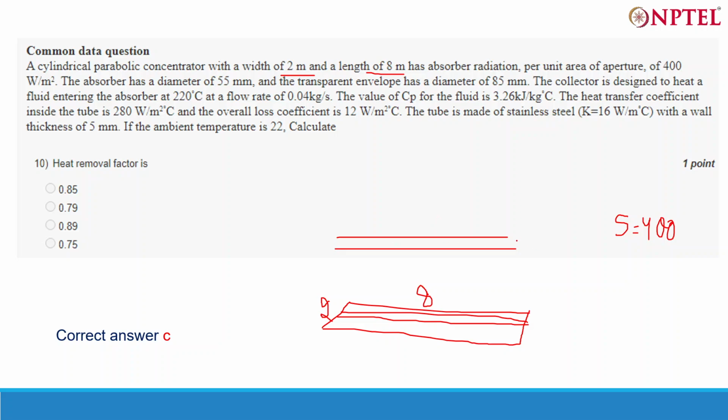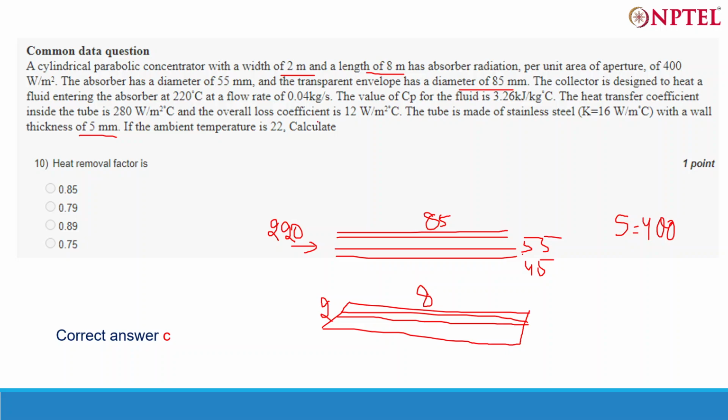It has an outer diameter of 55 mm and a thickness of 5 mm, so the inner diameter is 45 mm, with 2 into t subtracted. And a transparent envelope is also there, so this is making it a big question. So 85 mm. This will consume some heat transfer, which has to be taken into account. The collector is designed to heat a fluid entering the absorber at 220.